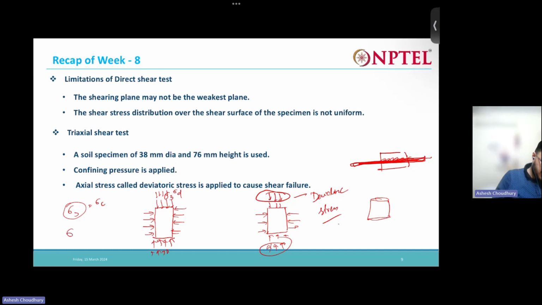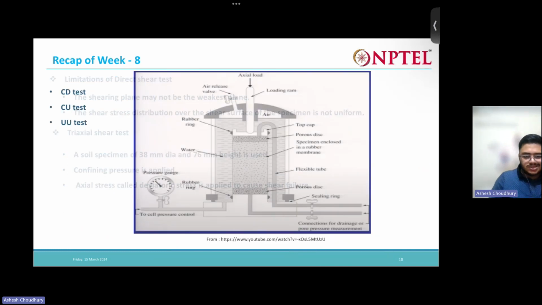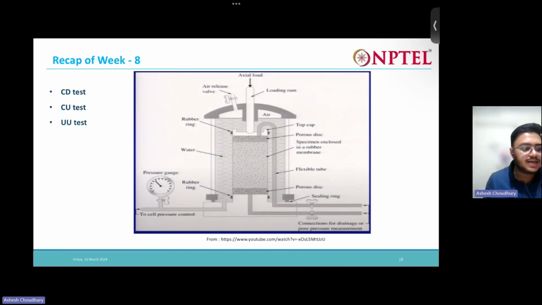So sigma 3 is equal to the confining pressure, and sigma 1 is equal to sigma 3 plus sigma t. This is the basic setup of the triaxial test.